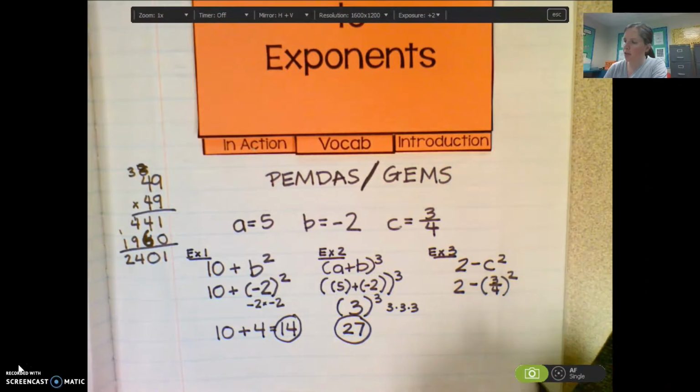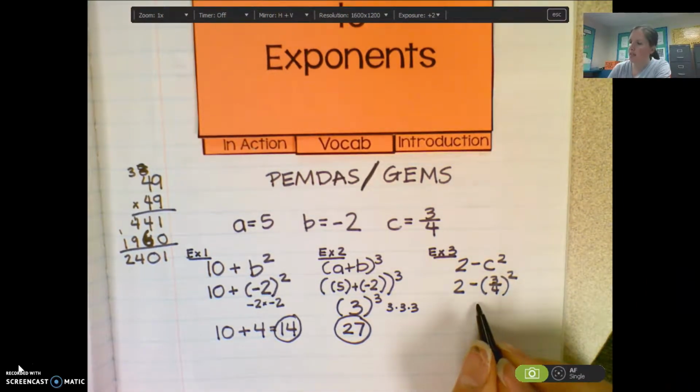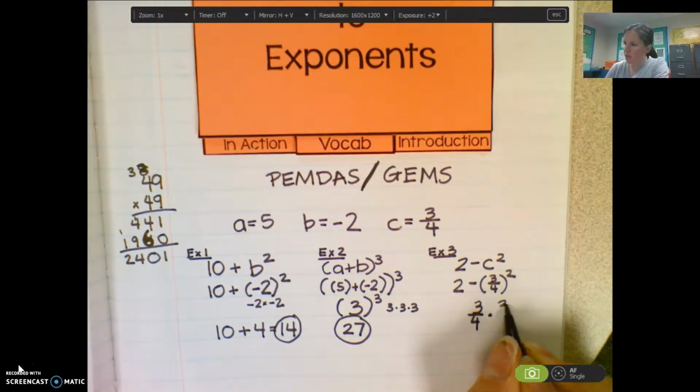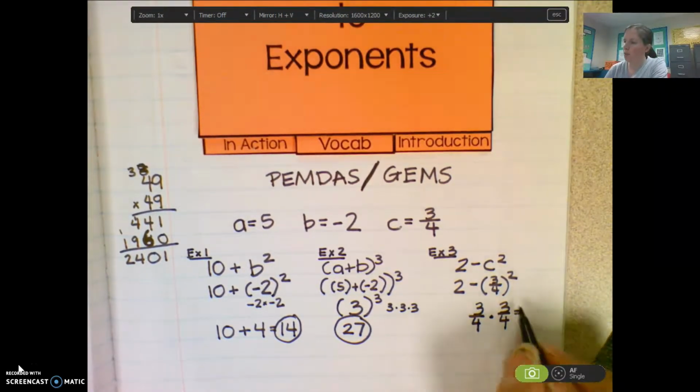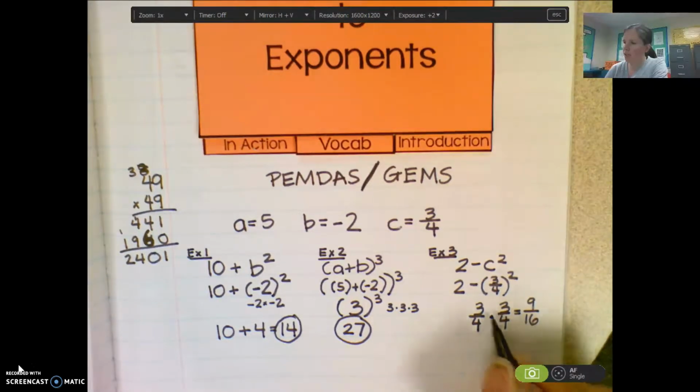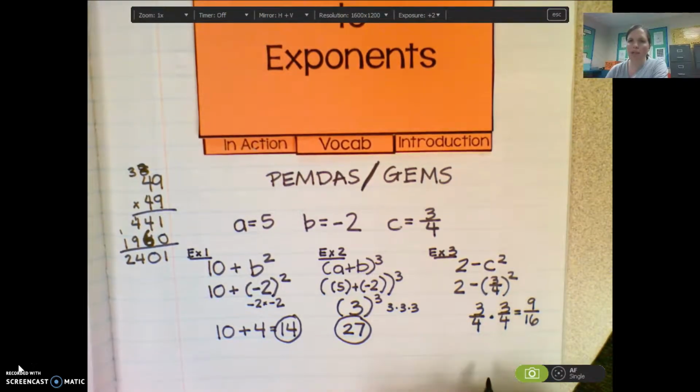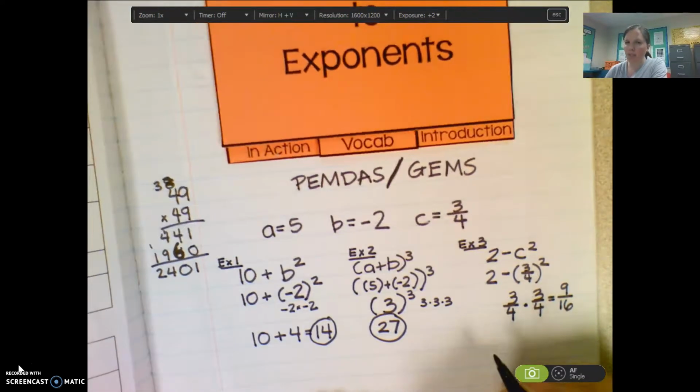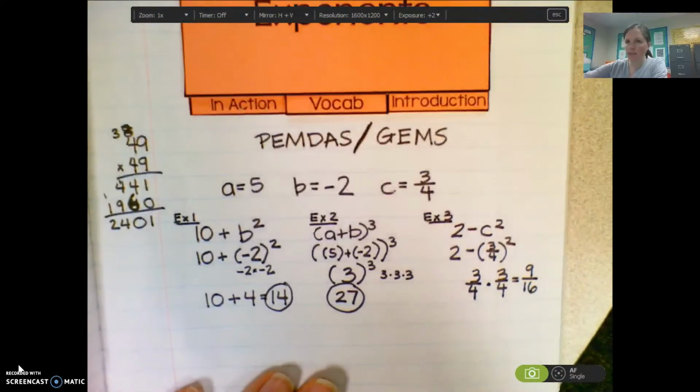My priority here would be 3/4 to the second power. So 3/4 to the second power means 3/4 times itself, so 3/4. And to multiply fractions, I multiply numerators and multiply denominators. I checked to see if any cross canceling could happen before. There wasn't. So this problem is, sorry, I just need to move my camera down.